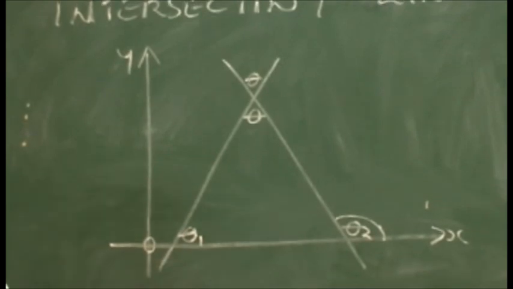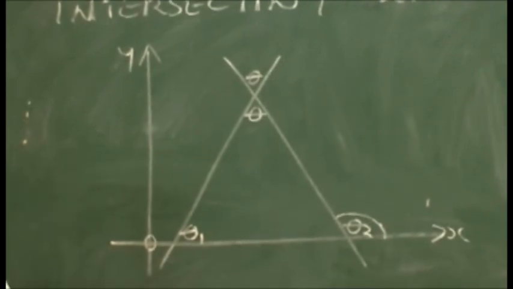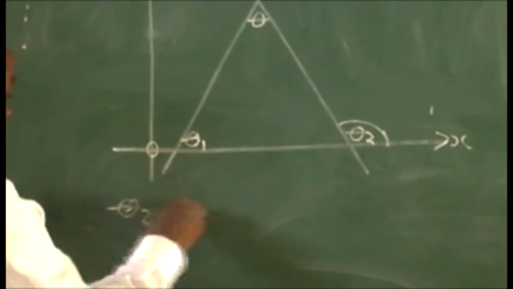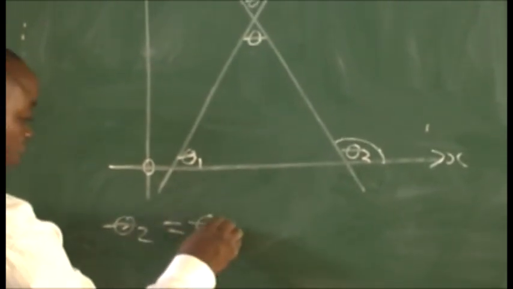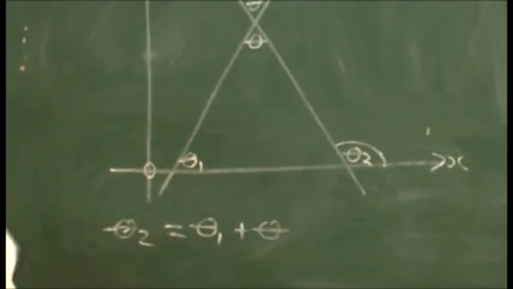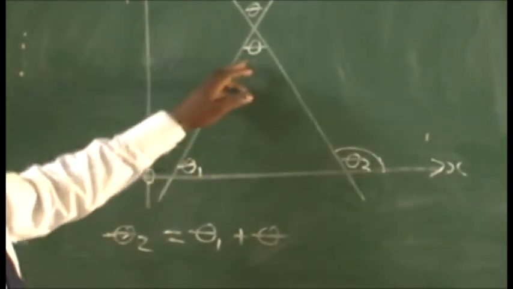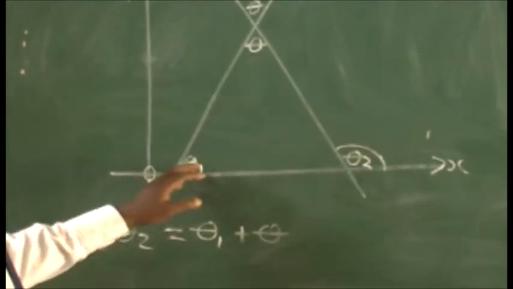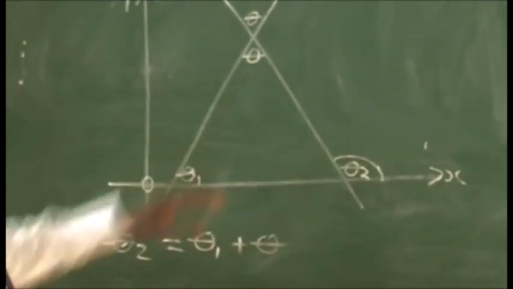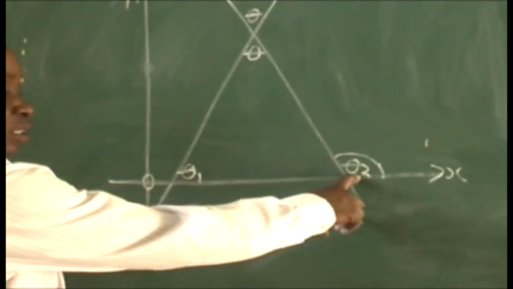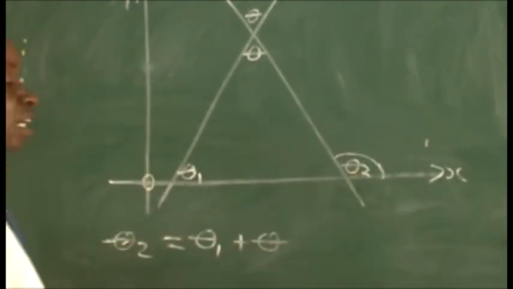And we know very well that theta 2 is the same as theta 1 plus theta. An external angle is equal to the two opposite internal angles. When we have two internal angles like this, their sum is equal to this external angle.